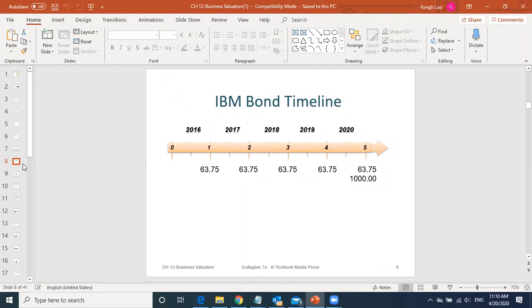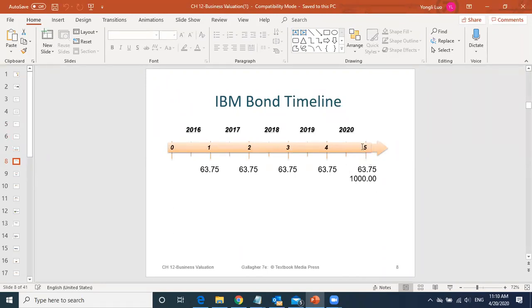So what will the bond valuation model look like? First we are going to draw a timeline. On the timeline, you receive a coupon of $63.75 at the end of each year.